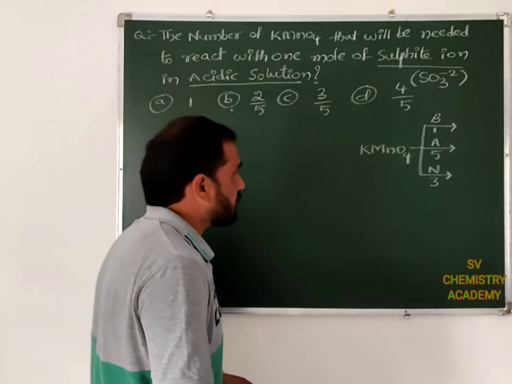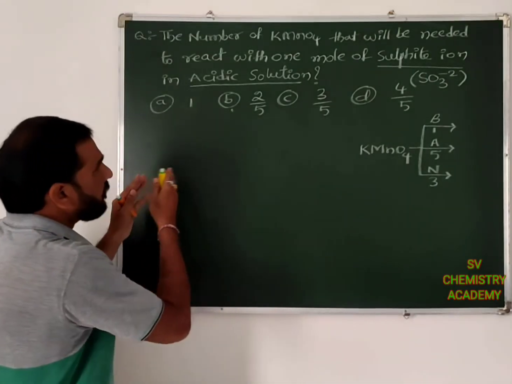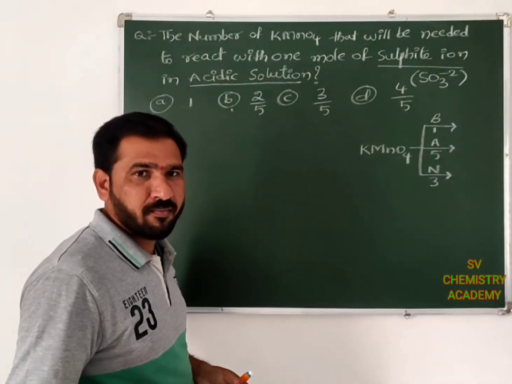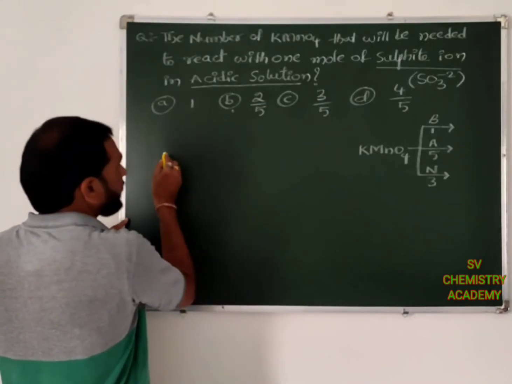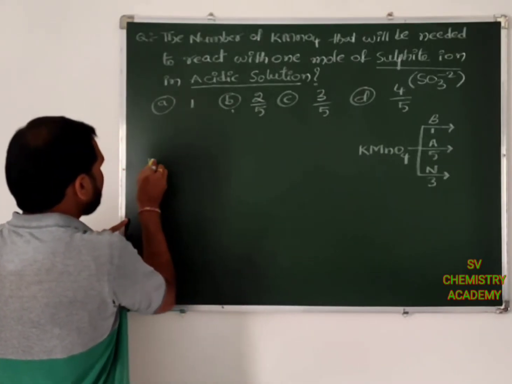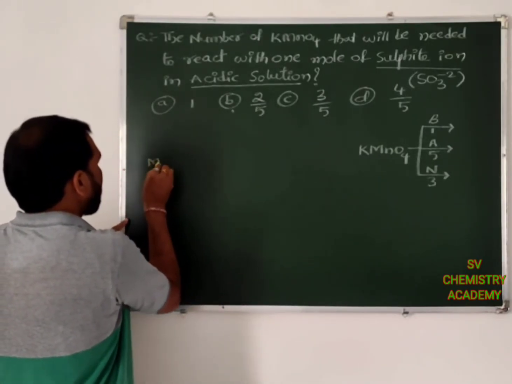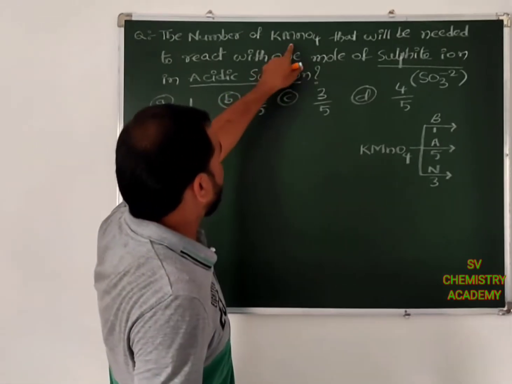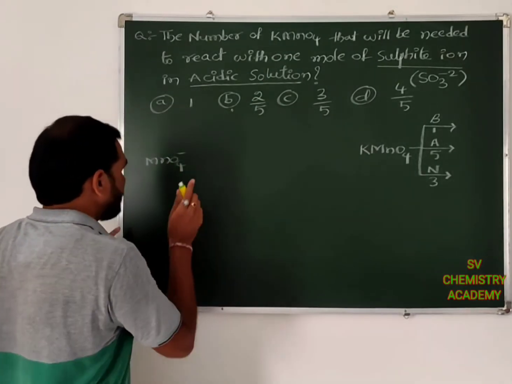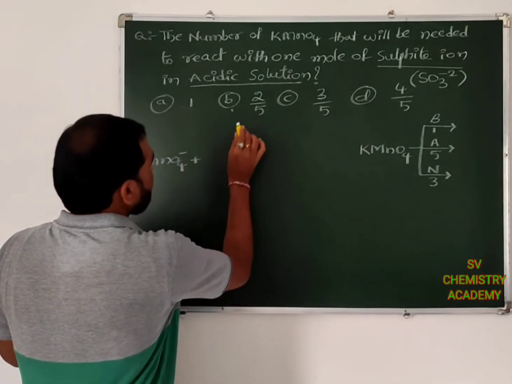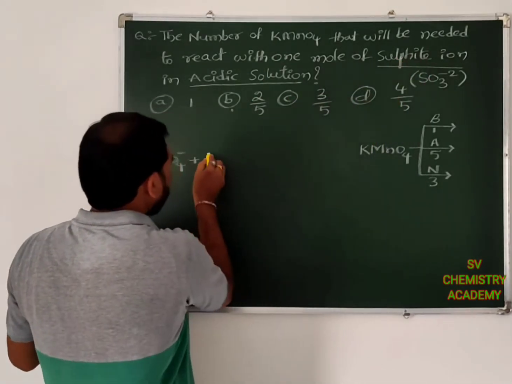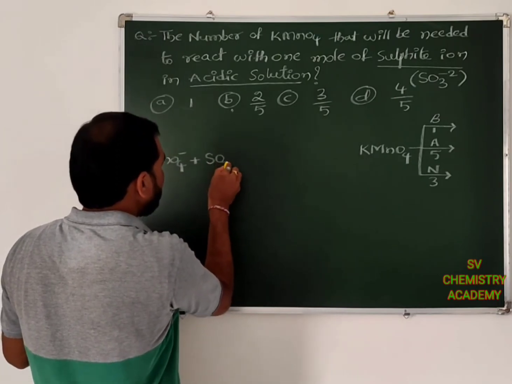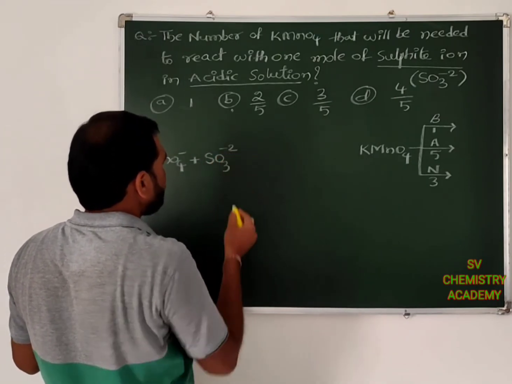Is it clear? Based on that, we need to make the unbalanced equation. The unbalanced equation is MnO4 minus, from KMnO4 you can take, plus sulfite ion, SO3 minus 2.